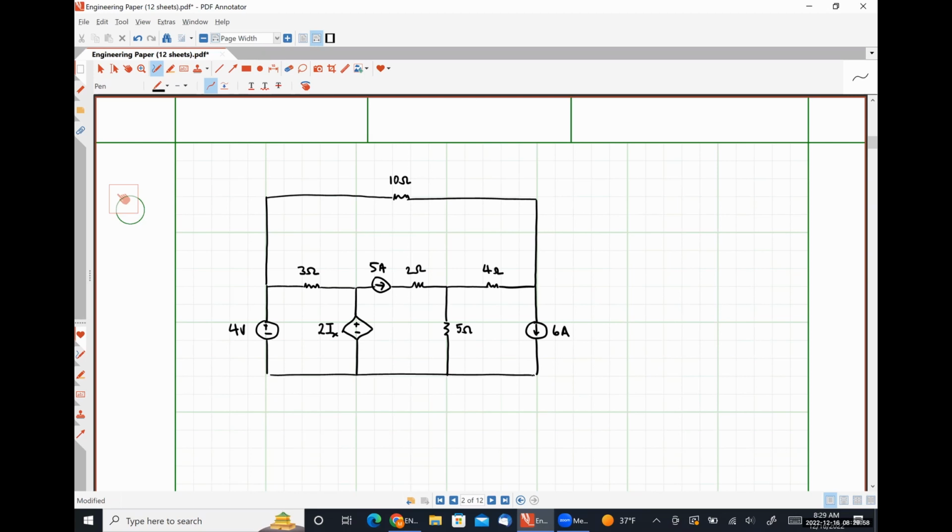And I'm going to define my controlling variable Ix to be this current, like so.